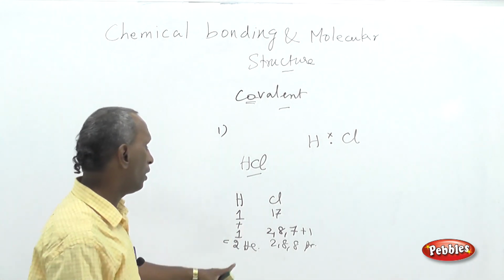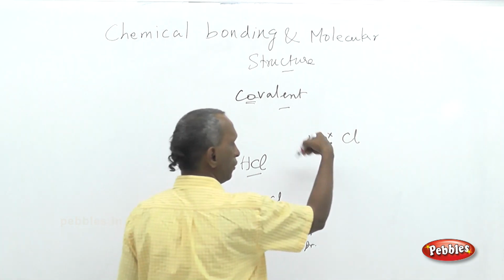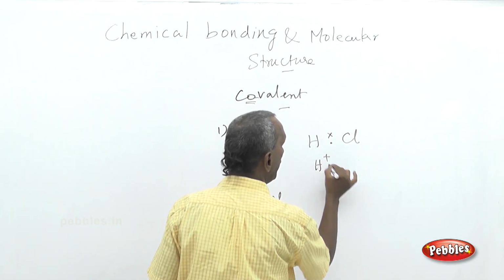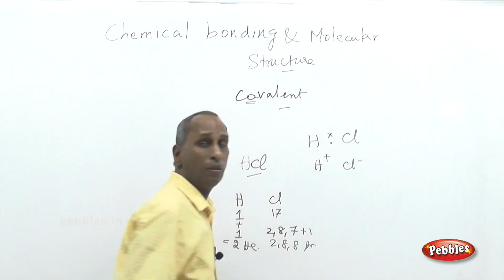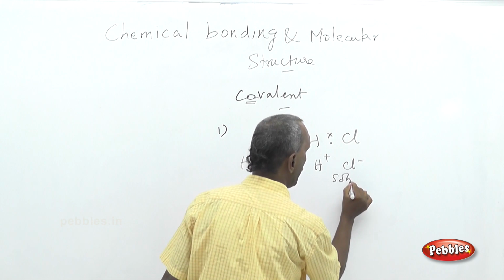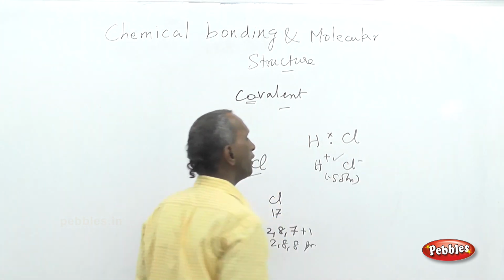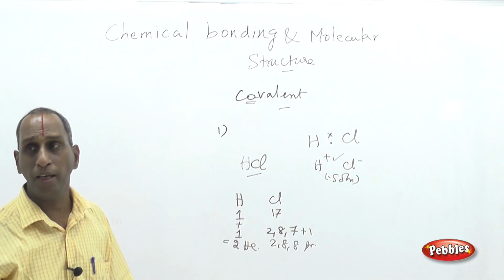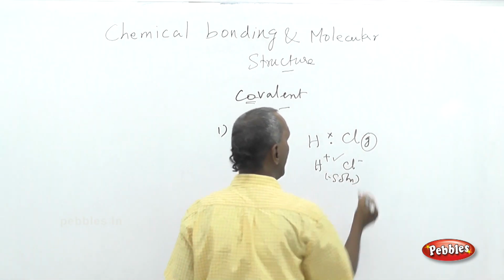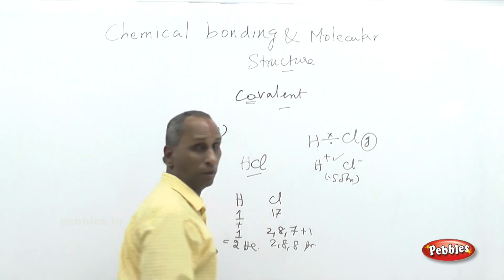So hydrogen chloride, but sometimes we write it as H plus and Cl minus. In solution, when it is dissolved in water, it exists as H plus and Cl minus. If it is not dissolved, it exists only as gas, and it is only a covalent bond.